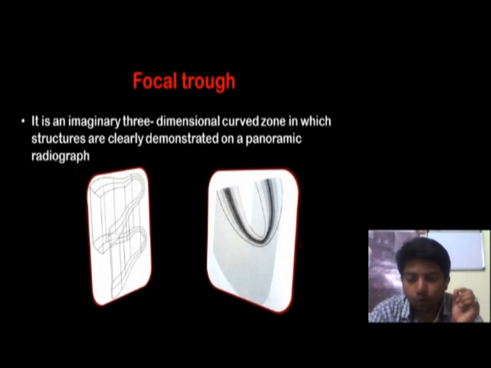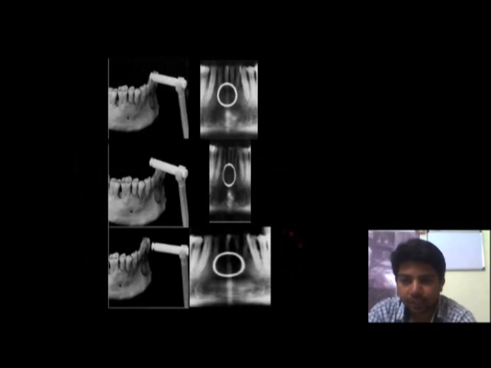Focal trough is an imaginary three-dimensional curved zone in which the structures are clearly demonstrated on a panoramic radiograph. So the structures which are not in the focal trough are blurred, so that only the structures in the focal trough are clearly demonstrated. If we see here, the structures in the focal trough are clearly seen, as there is no blurring.